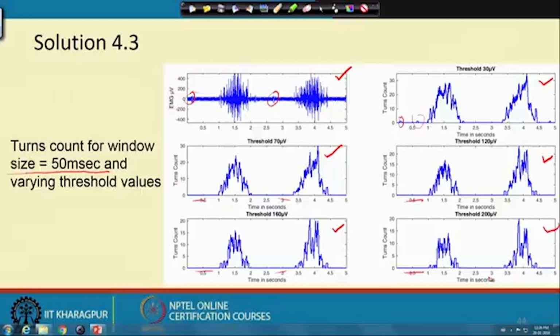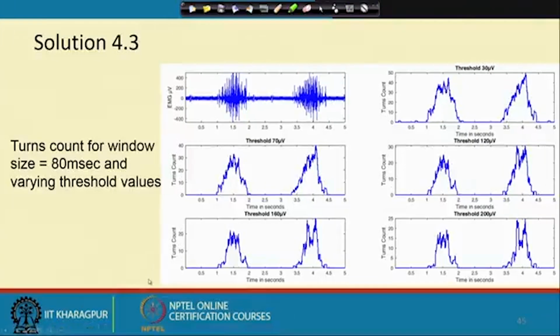But if we want to follow that change more carefully, I think going for a lower threshold, maybe 70 or 30, would be better in this case, and we need to select that with manual intervention, I would say.